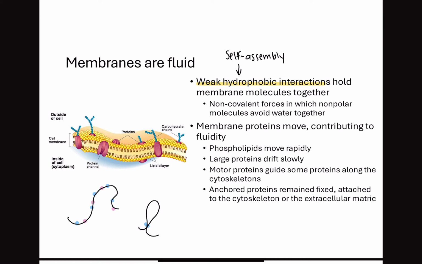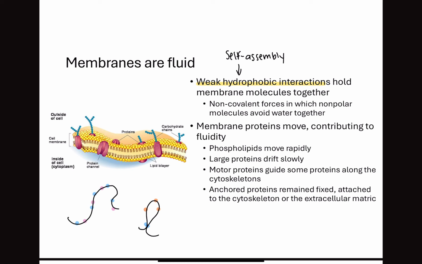Meanwhile, our hydrophilic regions are still going to be separated. So the fact that we have hydrophobic regions that are attracted to each other means it's going to self-assemble because of those interactions. And it's also fluid because lipids and proteins are able to move.